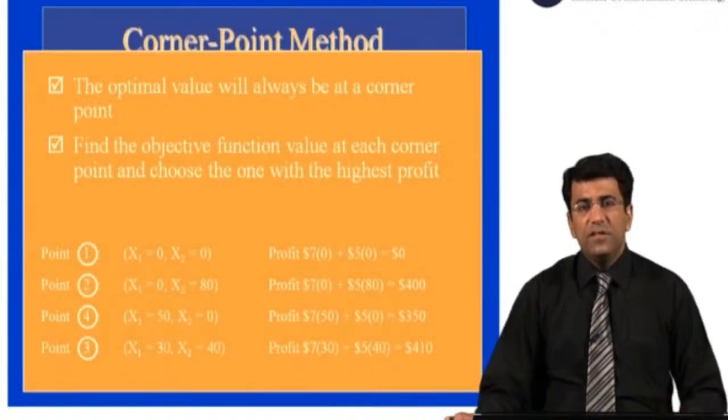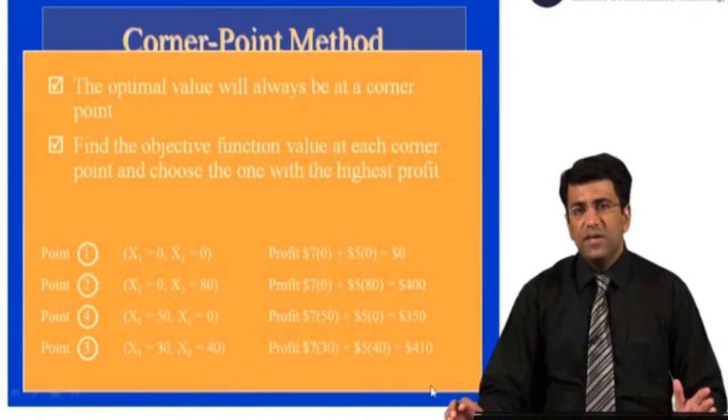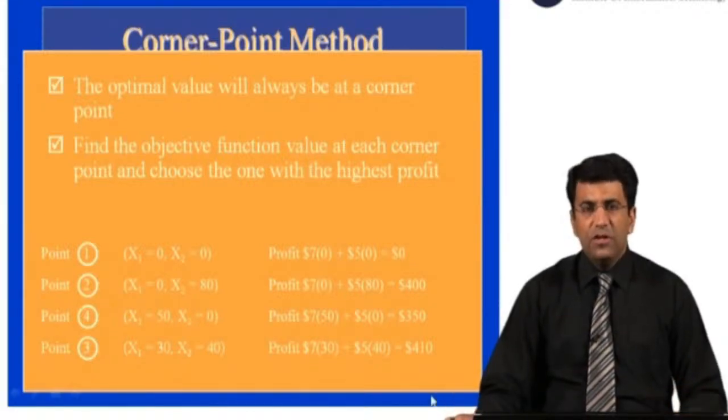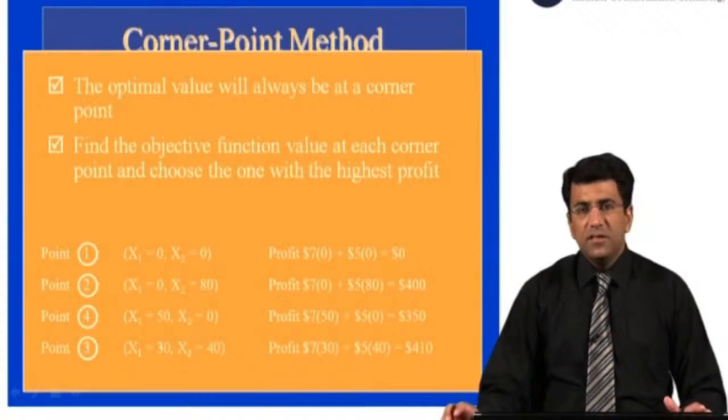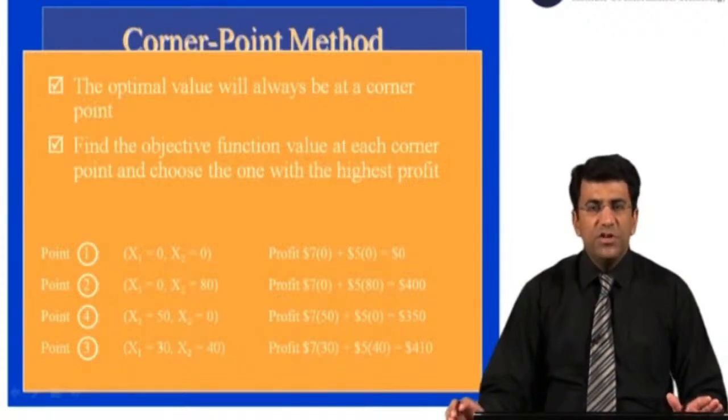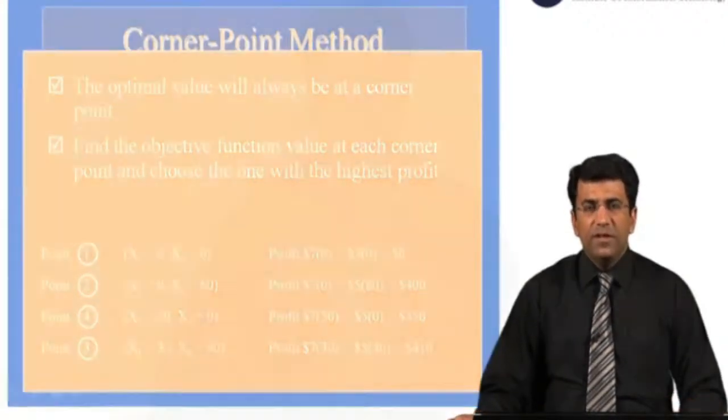Then there are two methods: one is the isoprofit method and the other is the corner point method. By using either of these methods we can maximize our profit. So class, this is how we solve linear programming problems.